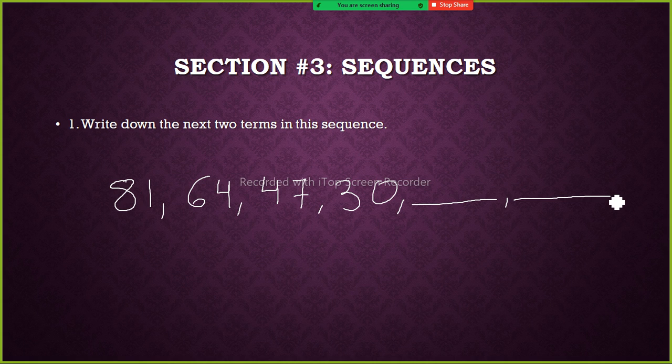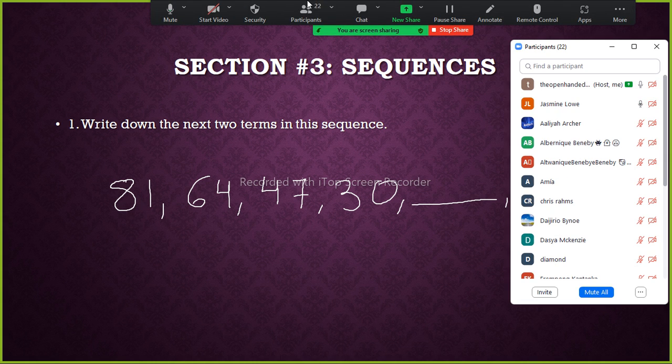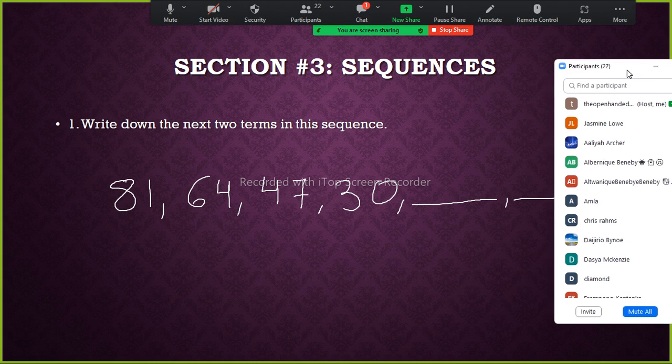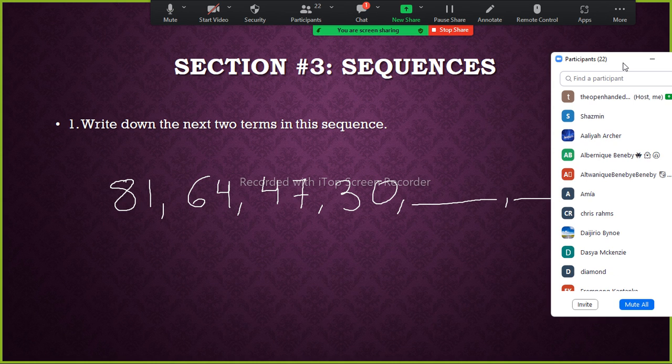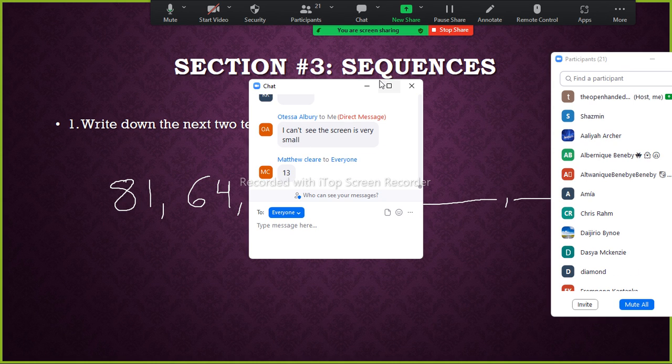That's a part of this data set. I want the next 2 values. Anyone crack the code yet? Anyone want to scratch your head? Anyone crack the code? I need the next 2 values.